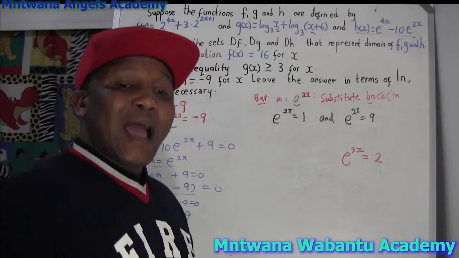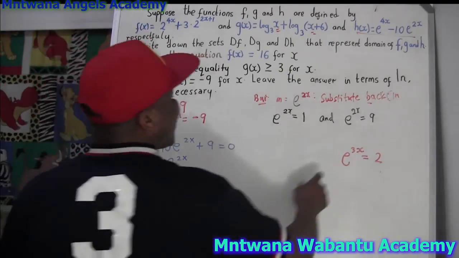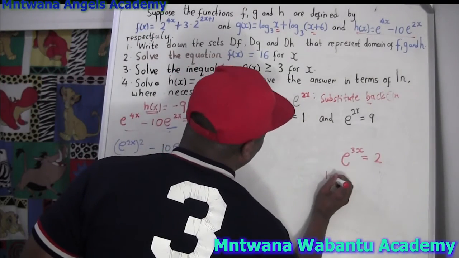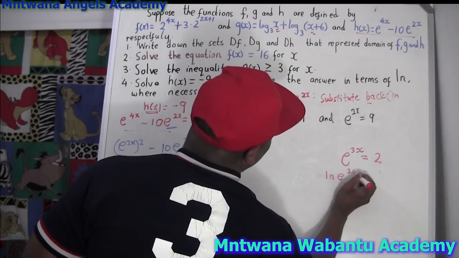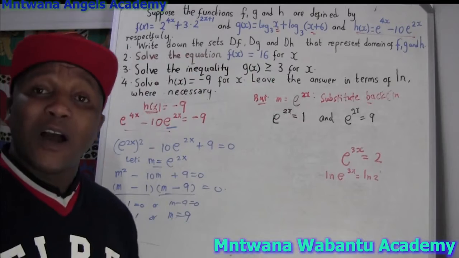If you have an exponential, especially e, apply ln. So I'm going to say ln of e^(3x) on the left and ln of 2 on the right.